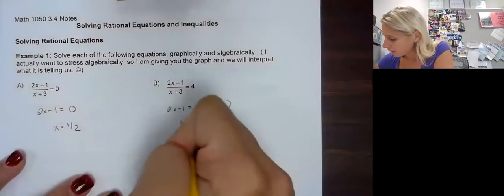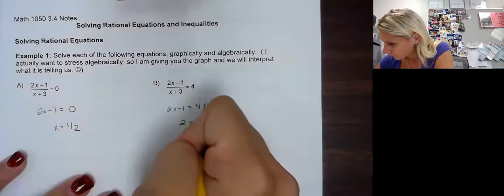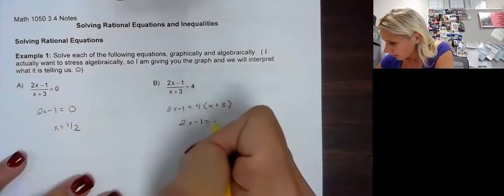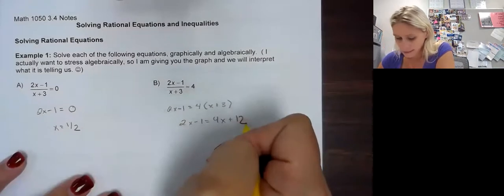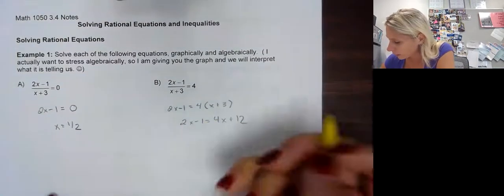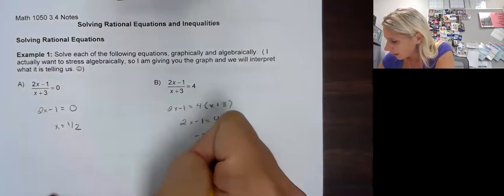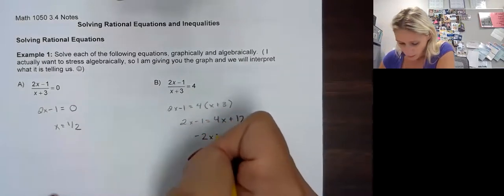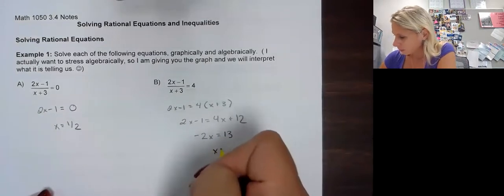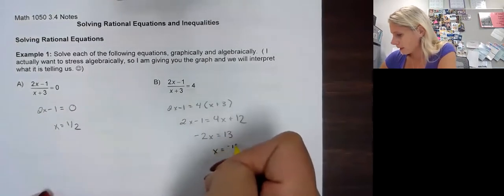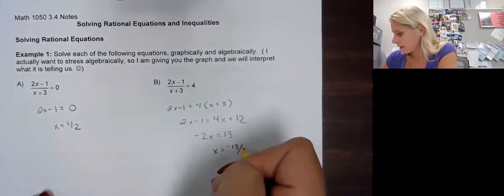Next step, distribute. 4x plus 12. Move your x's to one side and your constants to the other. So I get negative 2x equals 13. So x equals negative 13 halves.